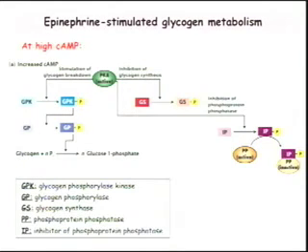So at this point, high cyclic AMP would activate a lot of PKA, right? The PKA would then do two things. One is it stimulates the breakdown of glycogen to glucose and also inhibits the synthesis of glycogen from glucose. These are two opposite processes, and you don't want to waste energy, and therefore you coordinate both.